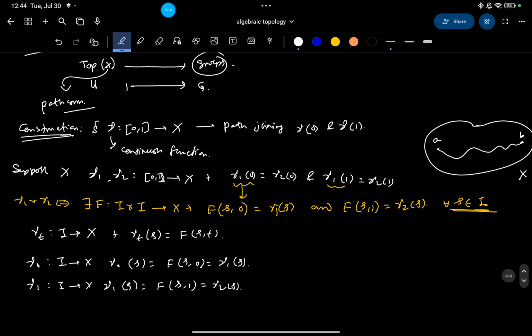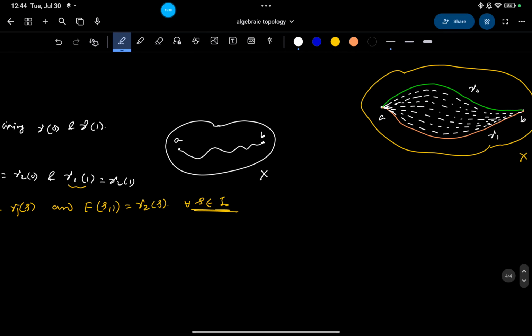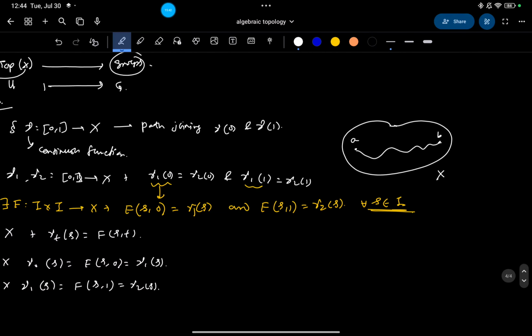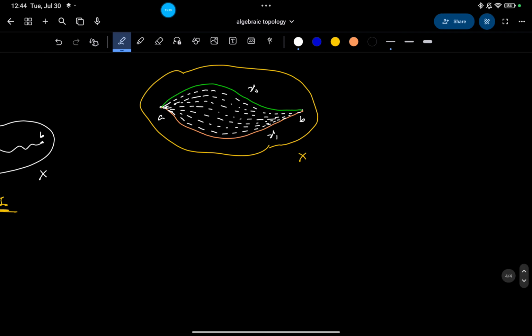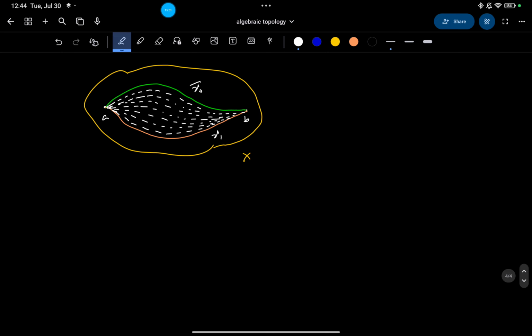Let us name these gamma t bar, so this is my gamma 0 bar, gamma 1 bar. So I'm just reparameterizing the gammas, right?